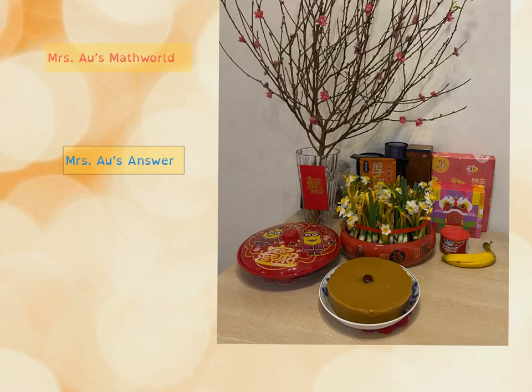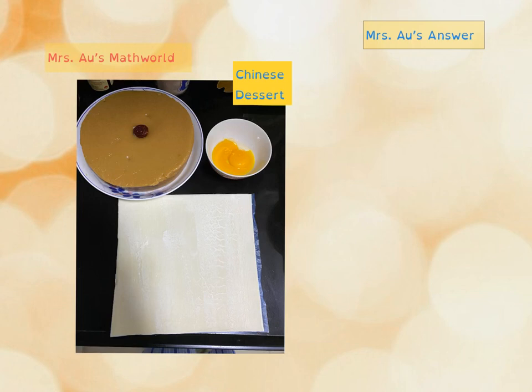So, what is Mrs. O's answer? It comes from the lin gao here. So let's see how it works. We need these ingredients: lin gao and egg yolk, for making the tart.